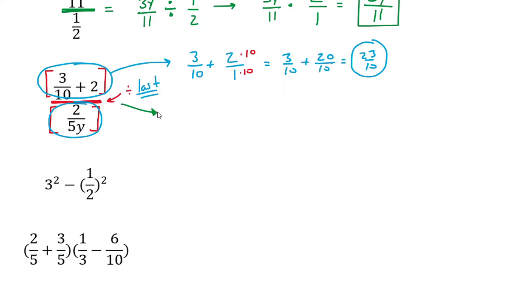I'm just going to rewrite it here. I'm going to say that's 23/10 over 2 over 5y. And now I can think about this as a division problem. 23/10 divided by 2 over 5y equals 23/10 times 5y over 2.